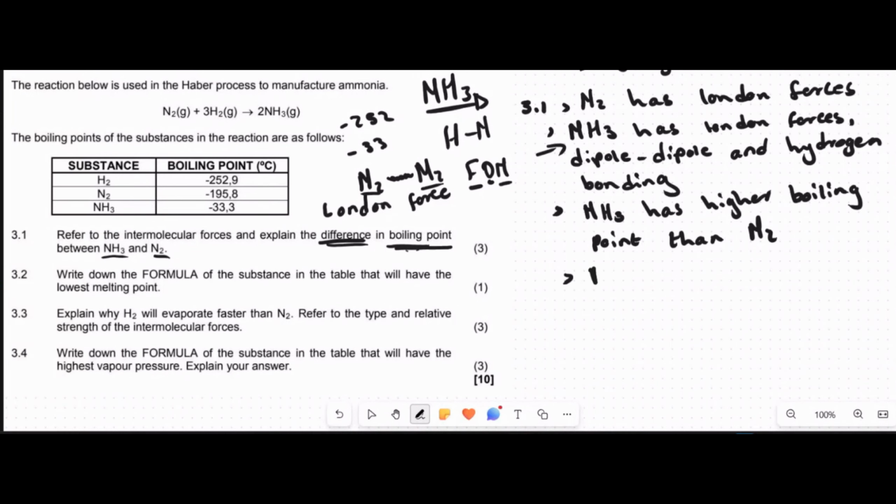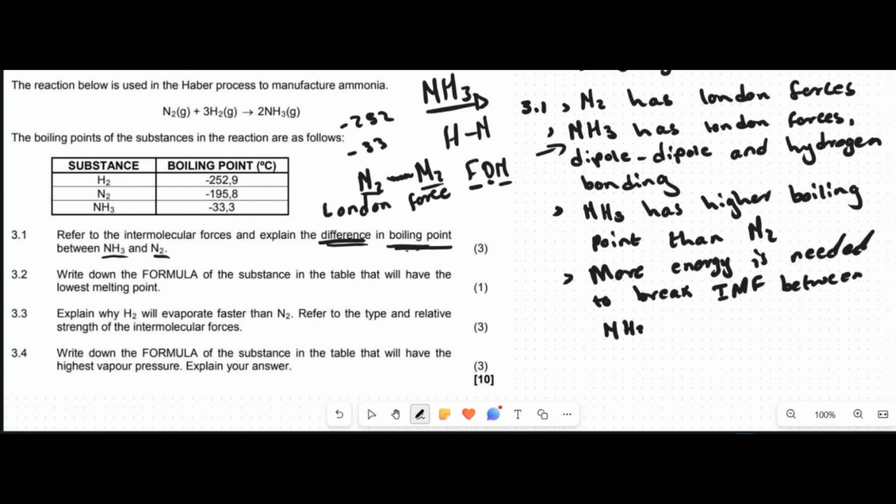So which means more energy is needed to break intermolecular forces between NH3 than N2.